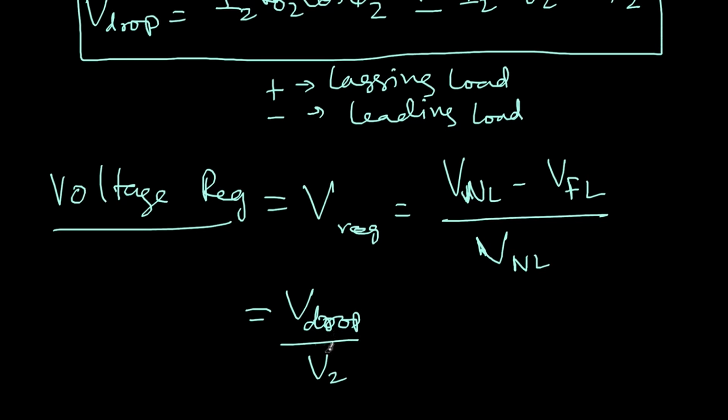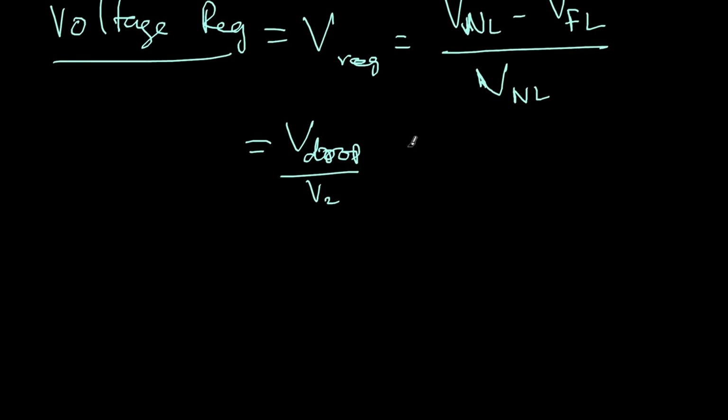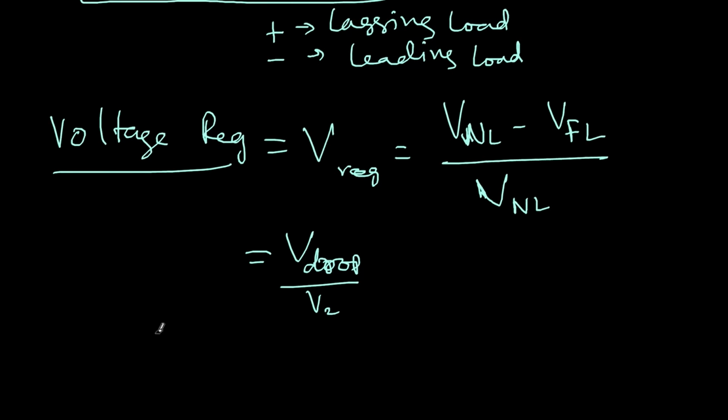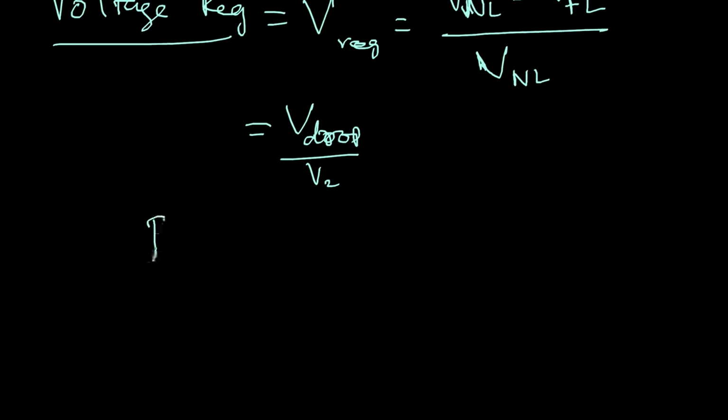Or actually, strictly following, I should be using E2 here, but here I'll just use V2. Then if I come back and substitute this, I'll be getting I2 R naught 2 by, let me go by E2 only.